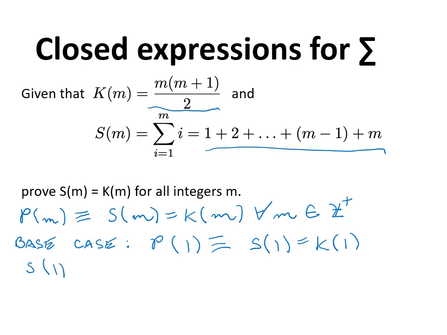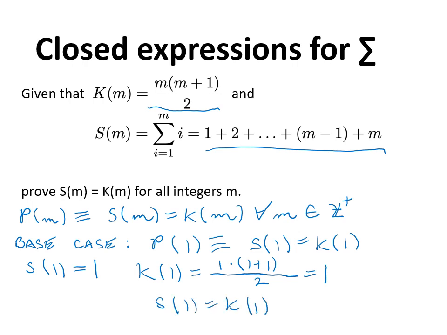S of 1 is equal to 1. That follows from the definition of S, and k of 1 is equal to 1 times 1 plus 1 divided by 2, that is also 1. So we showed that S of 1 is equal to k of 1, and therefore we showed our base case. Great.